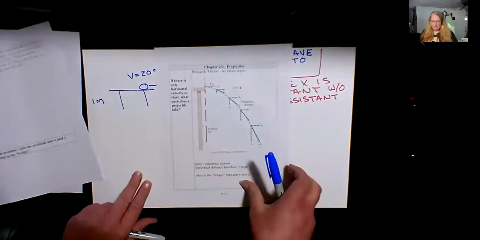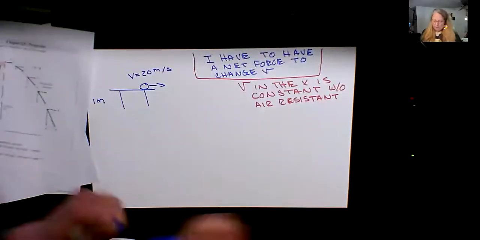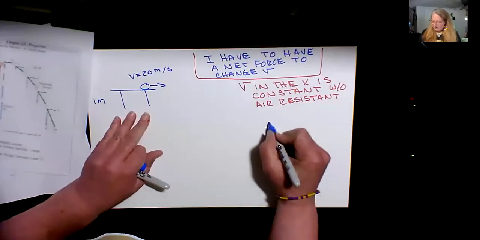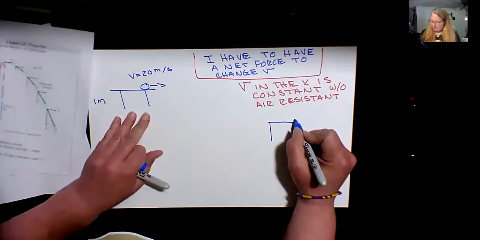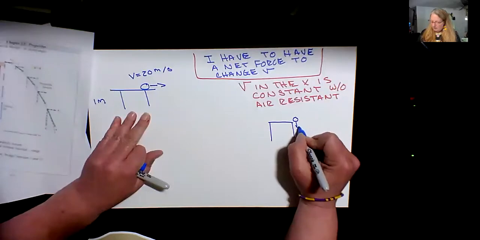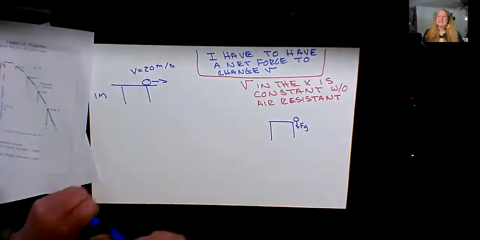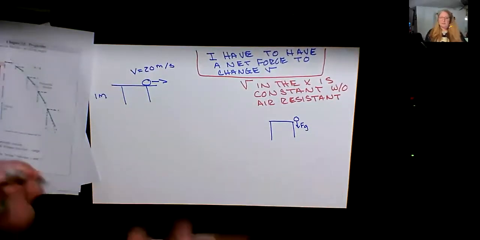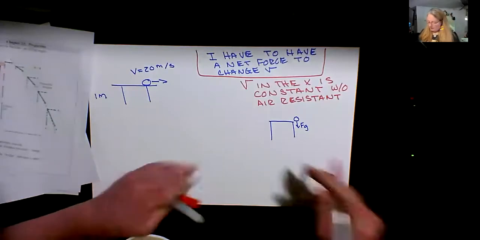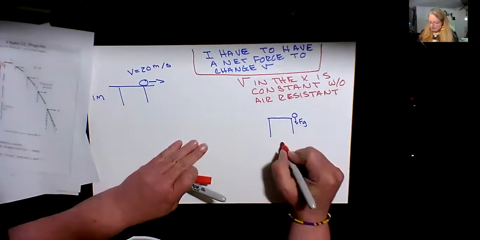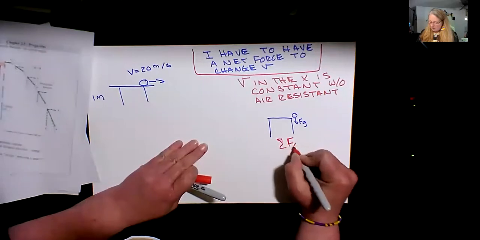Let's look at that in terms of a force. If I take the ball, that split second after it's left the table, here it is. There is the force of gravity down. That is it. It's the only force acting. And I have no forces in the X, so the sum of my forces in the X is 0.